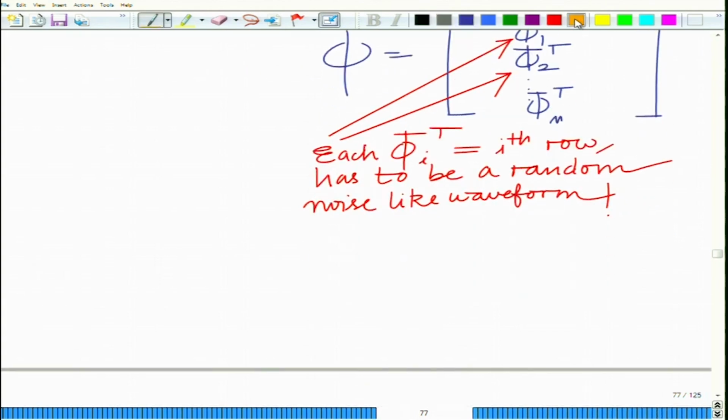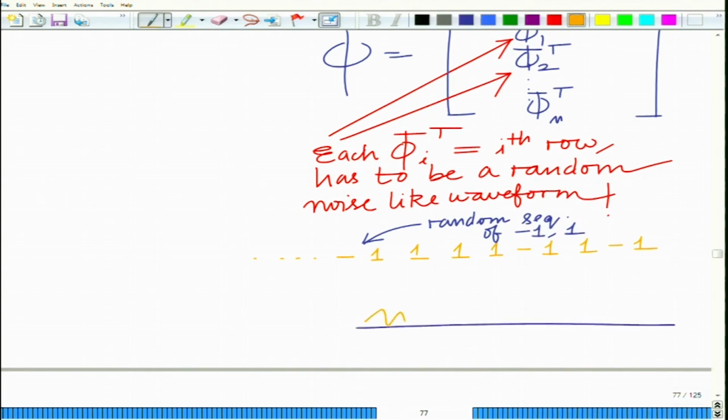It has to look like a random or pseudo random sequence, for instance a random sequence of minus 1 and 1, or some random noise like waveform such as Gaussian, and so on.